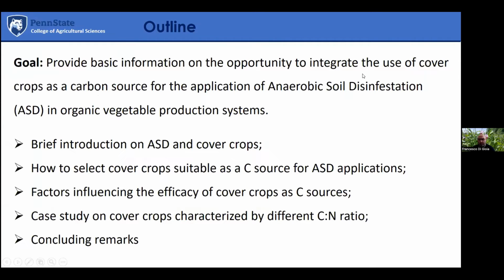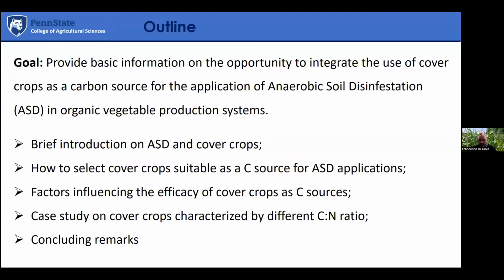Here, I'm going to briefly show the outline of the presentation. The goal of this webinar today is to provide basic information on the opportunity to integrate the use of cover crops as a carbon source for the application of ASD in organic vegetable production systems or horticultural systems. So we will have a brief introduction, very brief, on ASD and cover crops, and then we will dive into how to select cover crops that are suitable for ASD application as a carbon source, and the factors that influence the efficacy of cover crops as a carbon source.